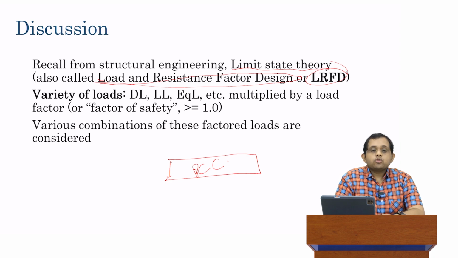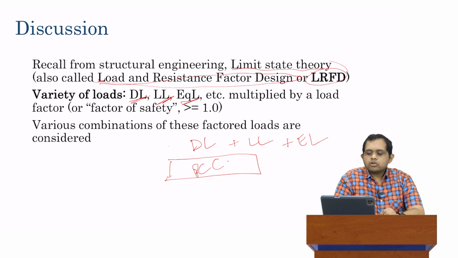For example, you may have heard of these terms: dead load, DL, live load, LL, earthquake load, EL, and sometimes I at least write EQL, and some authors also write it like this. So the total load applied might be dead load plus live load plus earthquake load. There is also snow load and other types of load, so we won't go into those details.